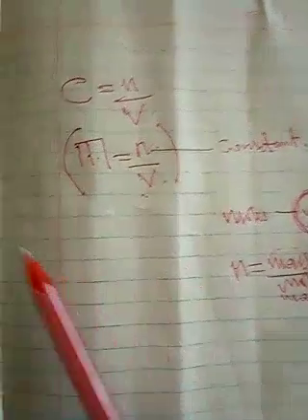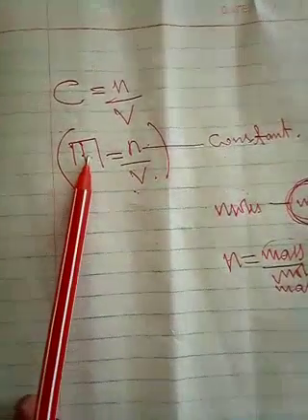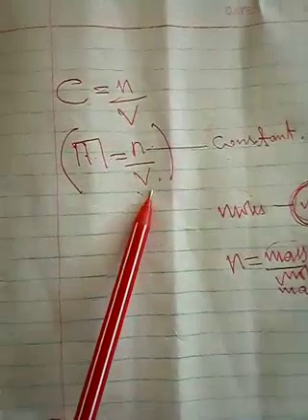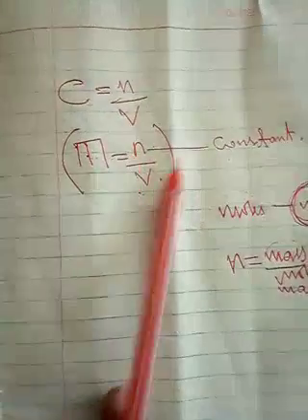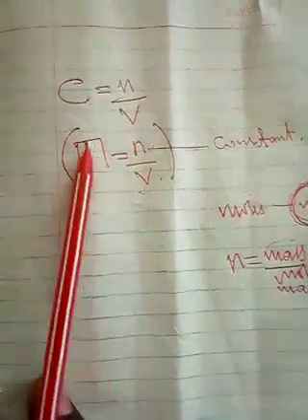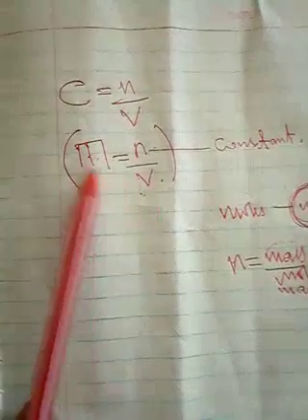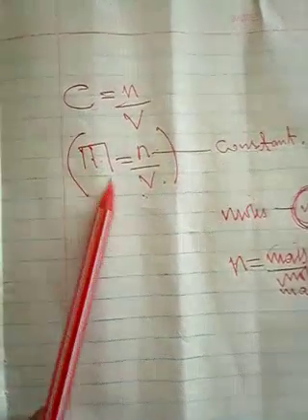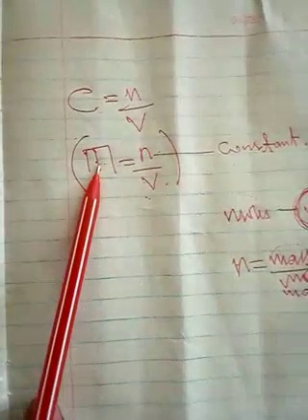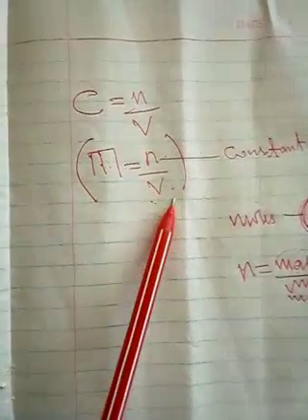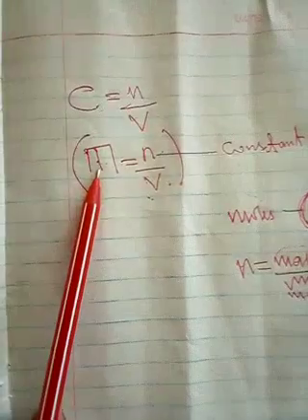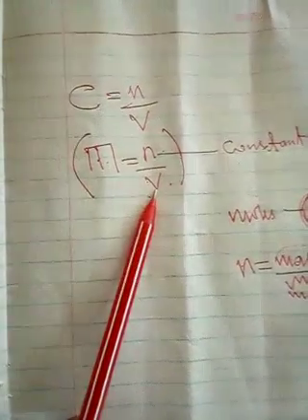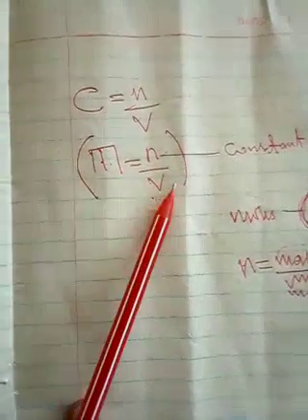So what's the relationship between the molarity and the volume, provided that the number of moles is constant? The relationship is that the molarity is inversely proportional to the volume. That's always how the rule is. They are never directly proportional.